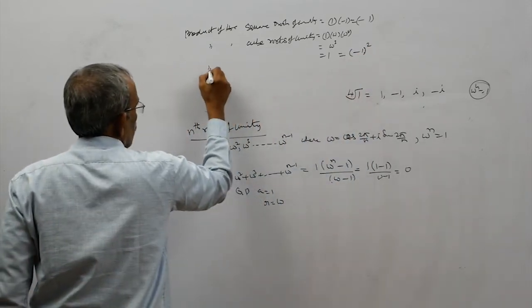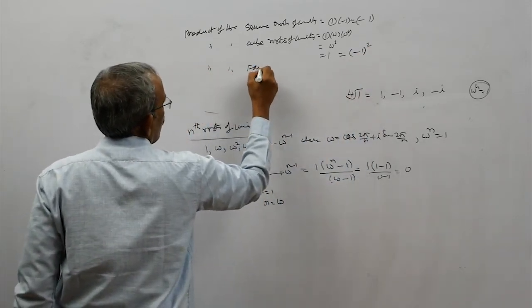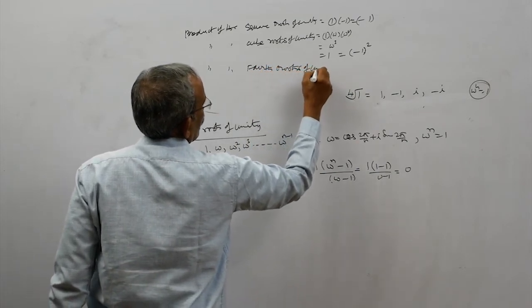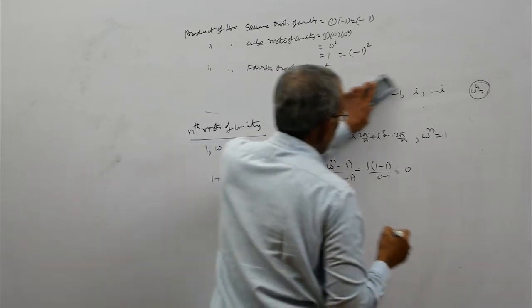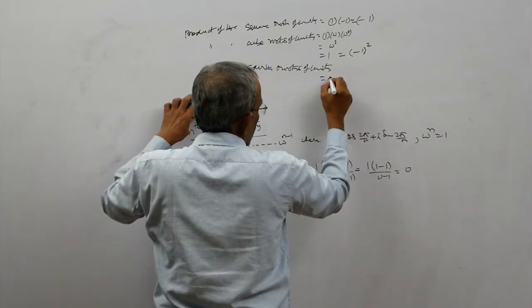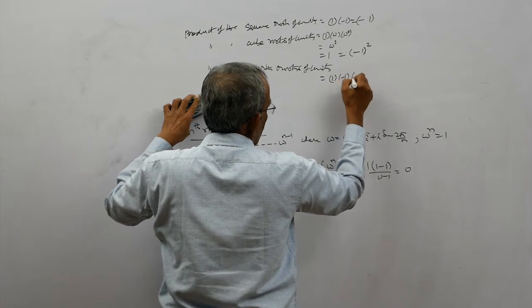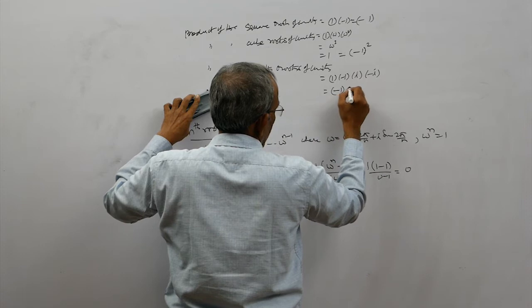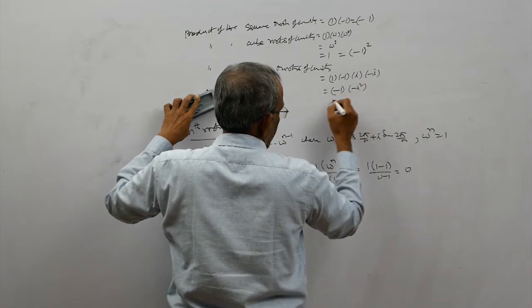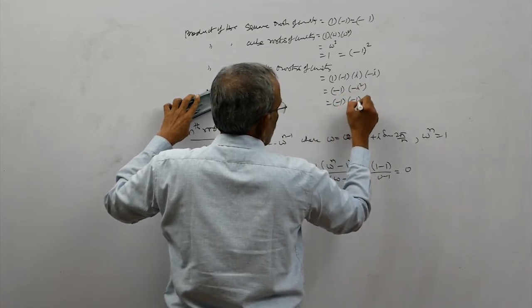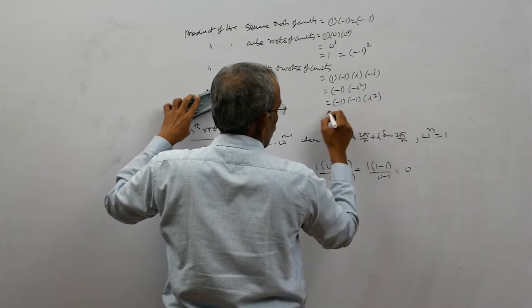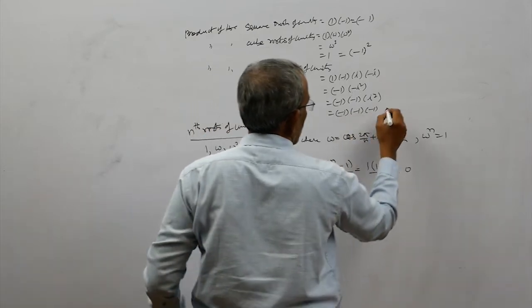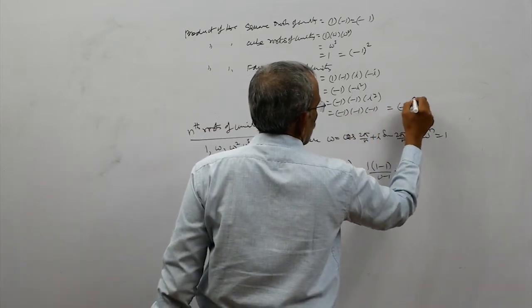Next, the product of the fourth roots of unity is equal to 1 into minus 1 into i into minus i, that is equal to minus 1 into minus i square, that is equal to minus 1 into minus 1 into i square, that is equal to minus 1 into minus 1 into minus 1, that is equal to minus 1 whole cube.